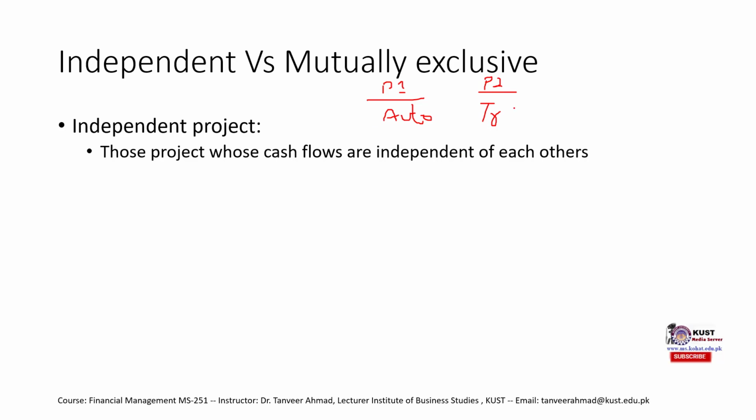These two projects are independent of each other. You can start both these projects if you have enough cash flows, or you can start one of them. It doesn't mean that if you start automobile manufacturing business, then you cannot start transportation business.